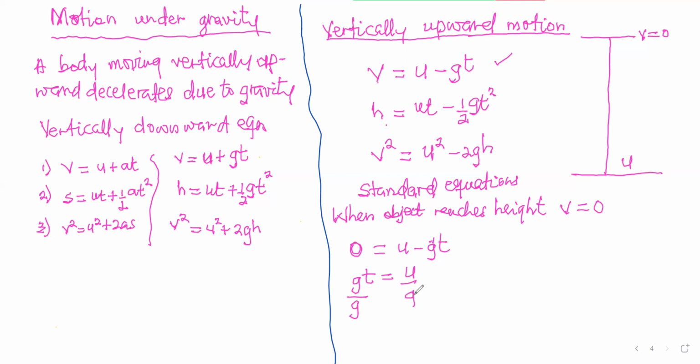Then you have t is equal to u over g, meaning that if an object is thrown to go up, I can calculate the time it would take to get to the maximum height by taking the ratio of the initial velocity given to the object and the acceleration due to gravity, which is constant.